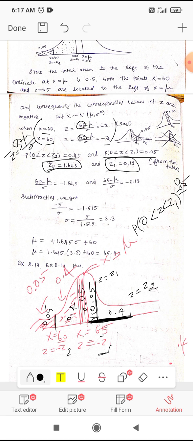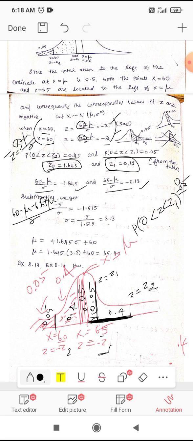I am going to substitute over here and over here. So we get two equations with two unknowns. We can solve by whatever method you are comfortable with. Now I am going to subtract these two equations. When I subtract, mu will be cancelled, so that is 60 minus mu minus 65 plus mu divided by sigma.